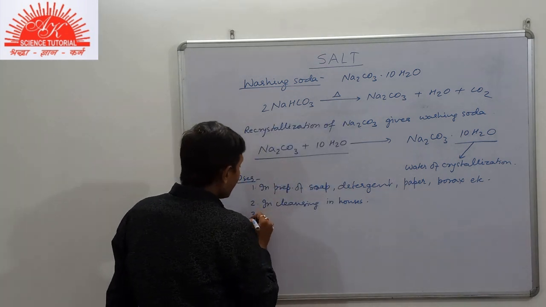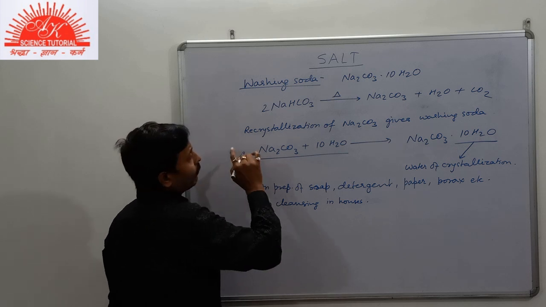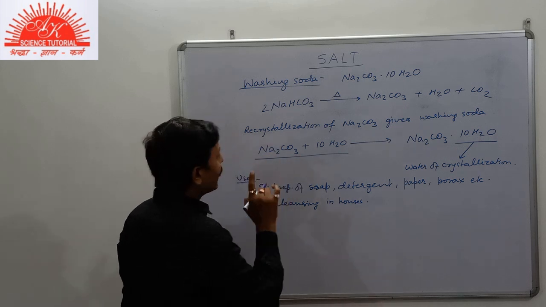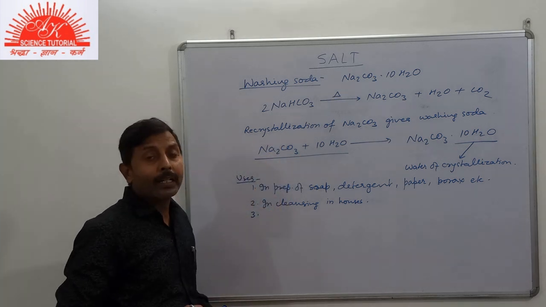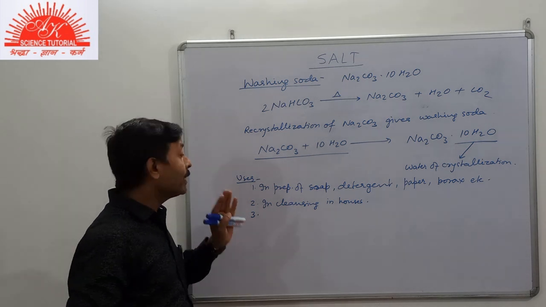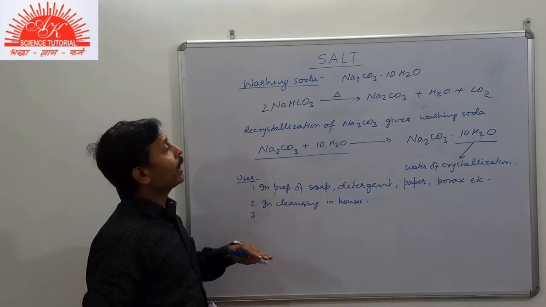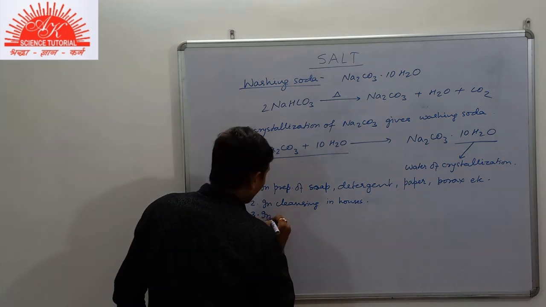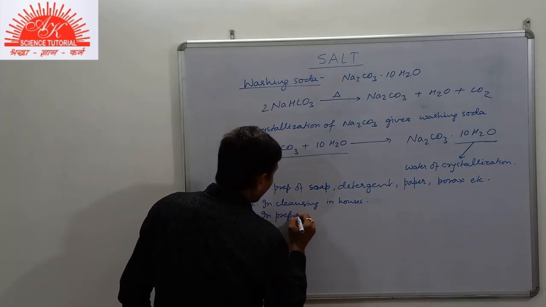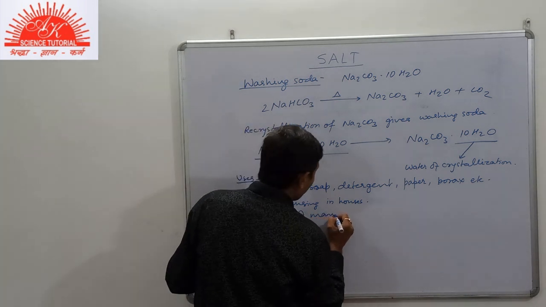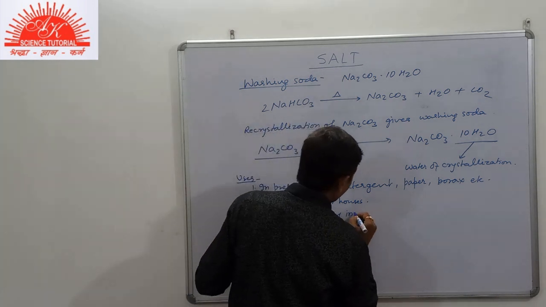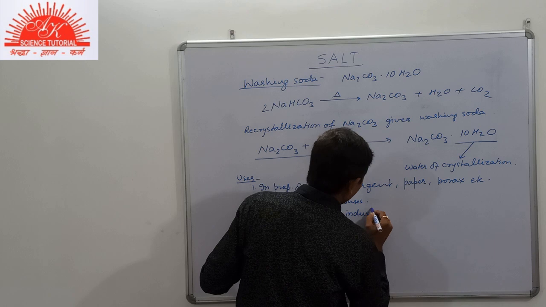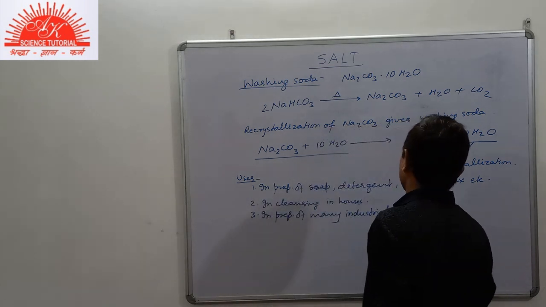Now, both of them, washing soda as well as baking soda, are important industrial raw materials and reagents. They are also used in laboratory. So, in preparation of many industrial substances.